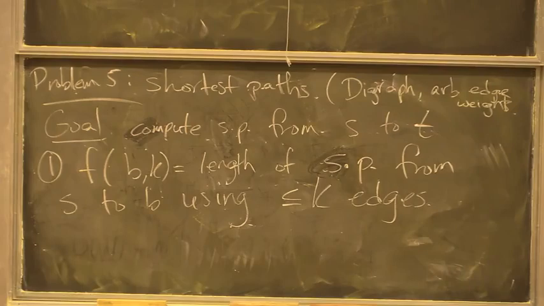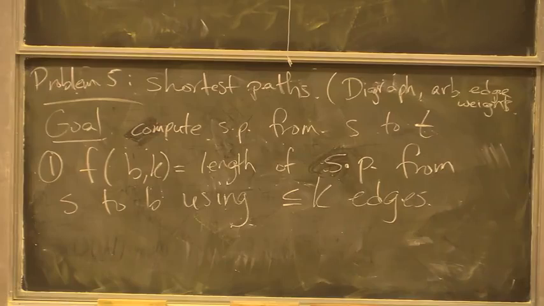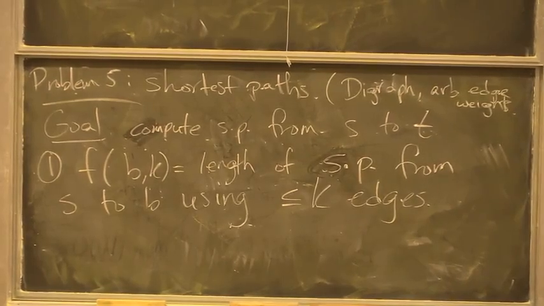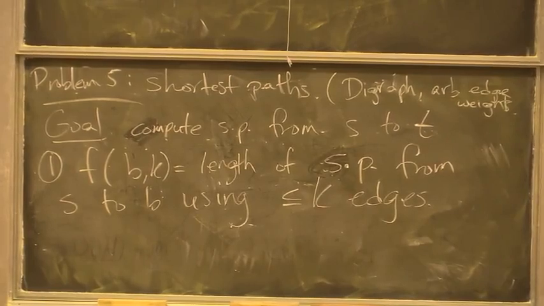And the point is, if there are no negative cycles, then there's no reason to ever use a path that has more than n minus 1 edges in it. Because if you have a path that has r edges, how many vertices are on the path? R plus 1. So if you have a path that has more than n minus 1 edges, so it has at least n edges, that means there are at least n plus 1 vertices on the path.